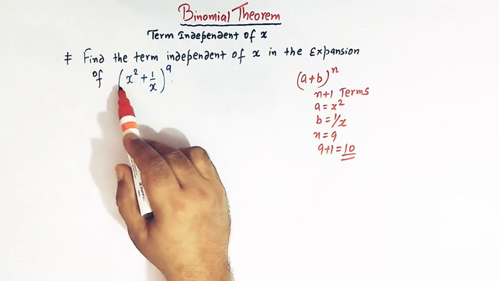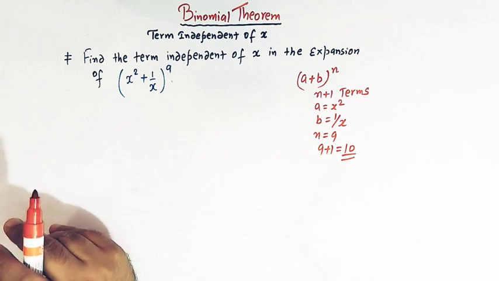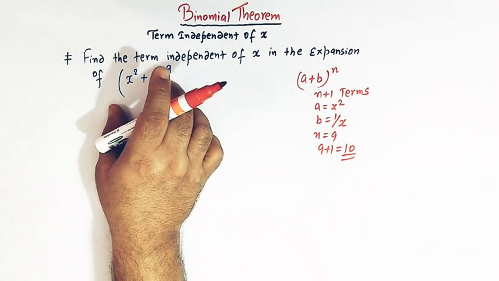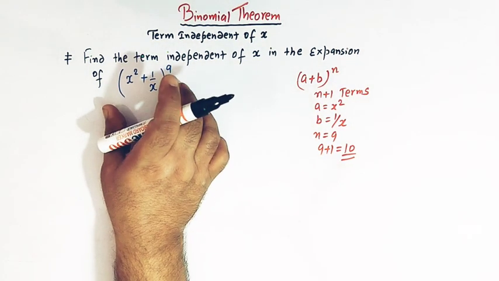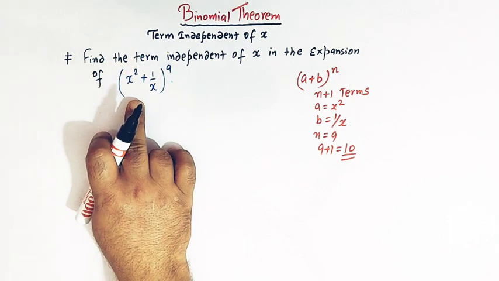Let us see how we can find the term independent of x without expanding this binomial. First of all, we'll find the general term of this binomial.